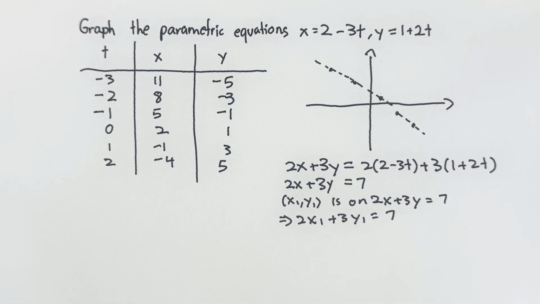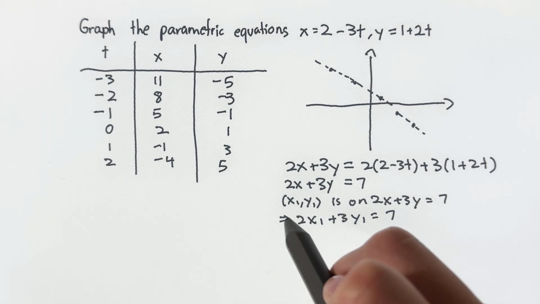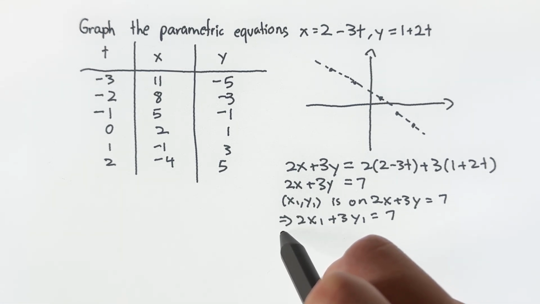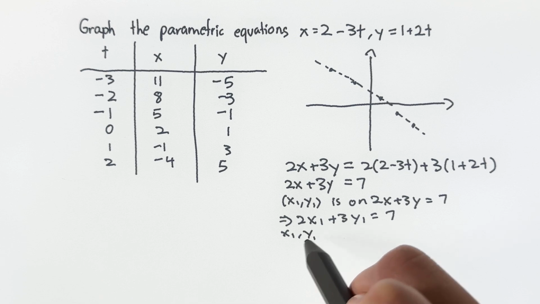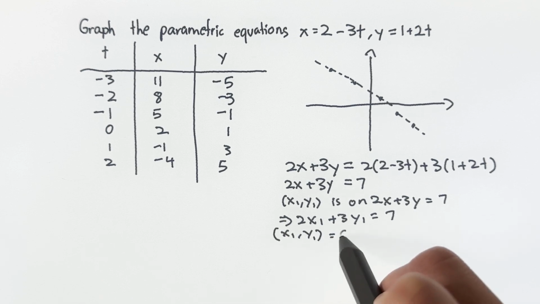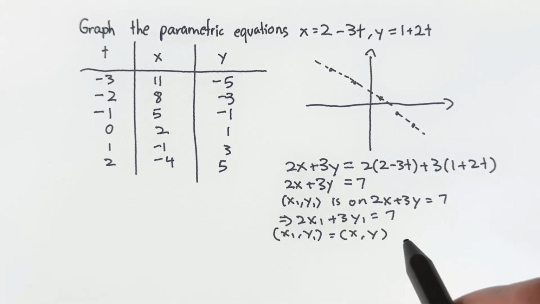To show that (x1, y1) is in the graph of the parametric equations, we must show that there is a value of t that gives (x, y) equal to (x1, y1). So we want (x1, y1) equal to (x, y) for some value of t.